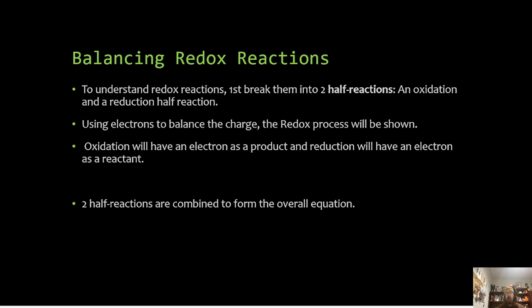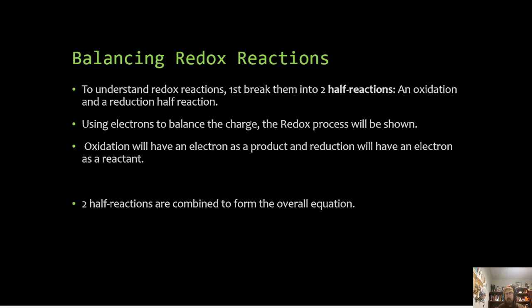The net charge on the left must equal the net charge on the right. We cannot suddenly lose electrons into the ether. So if it's 2+ on the left, it has to be 2+ on the right. We have to have both sides balancing out. So we're going to break these down into half reactions and use electrons to balance the charge.